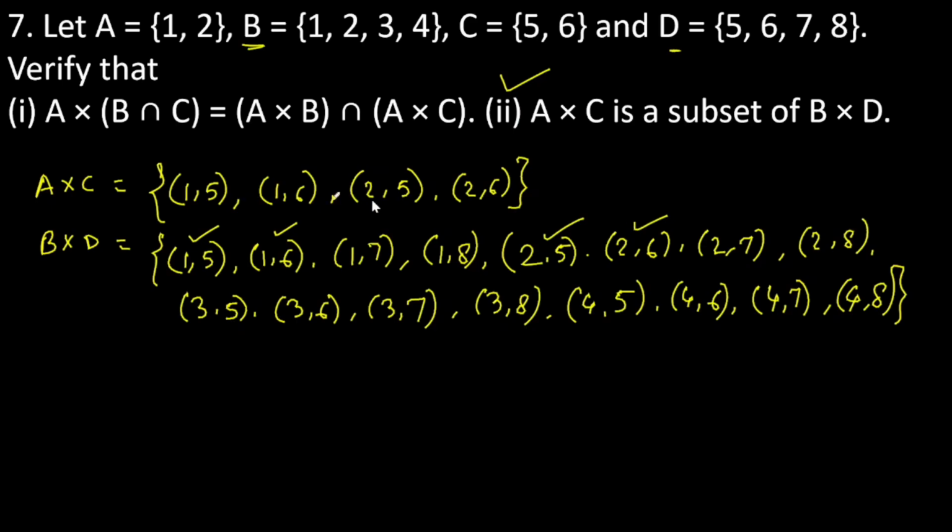So all 4 elements belong to B cross D. So we'll say A cross C is a subset of B cross D, because all the elements of A cross C are present in B cross D. Clear? This is the subset sign.